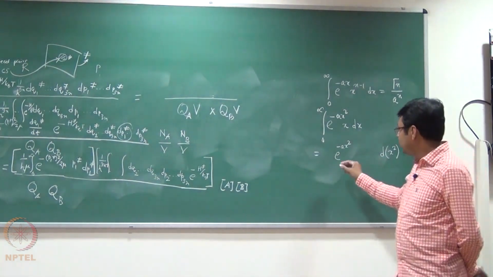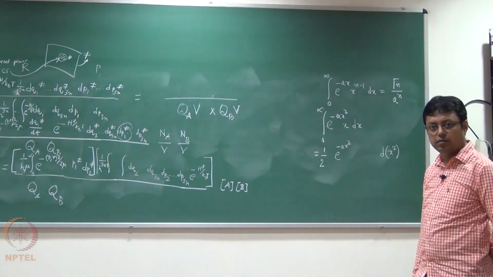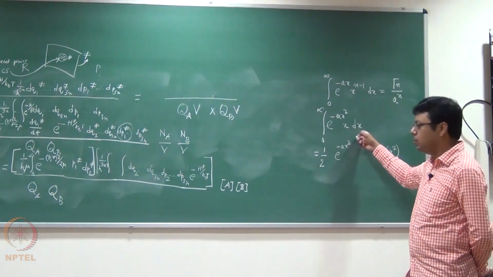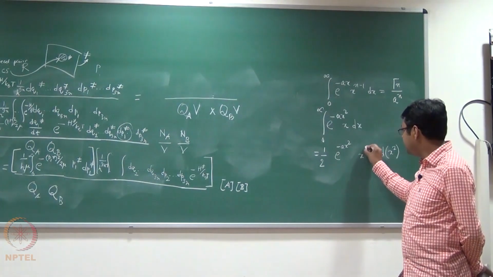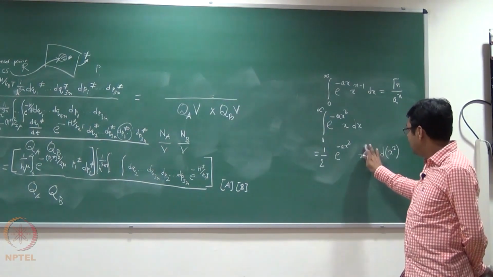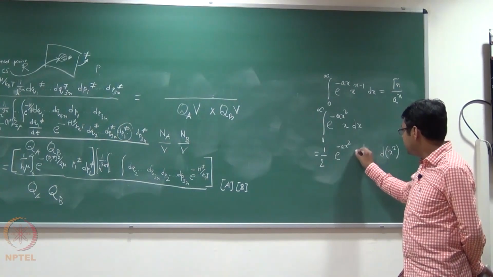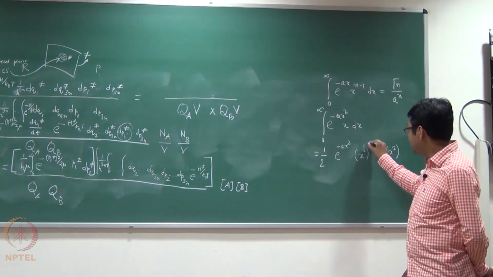So I have to use something like a half factor here. The x I already included here, but then what I have is x to the power 0, or basically x square to the power 0, where 0 is basically 1 minus 1.